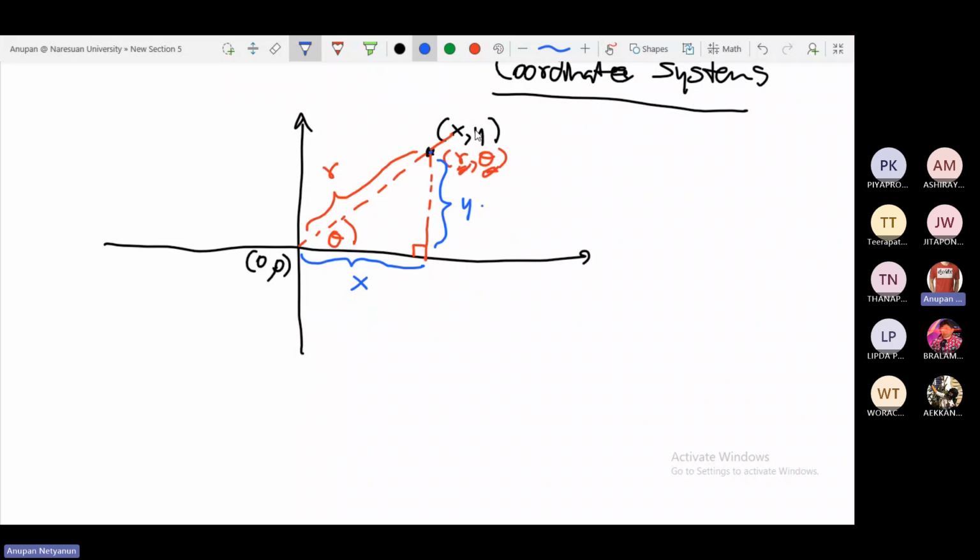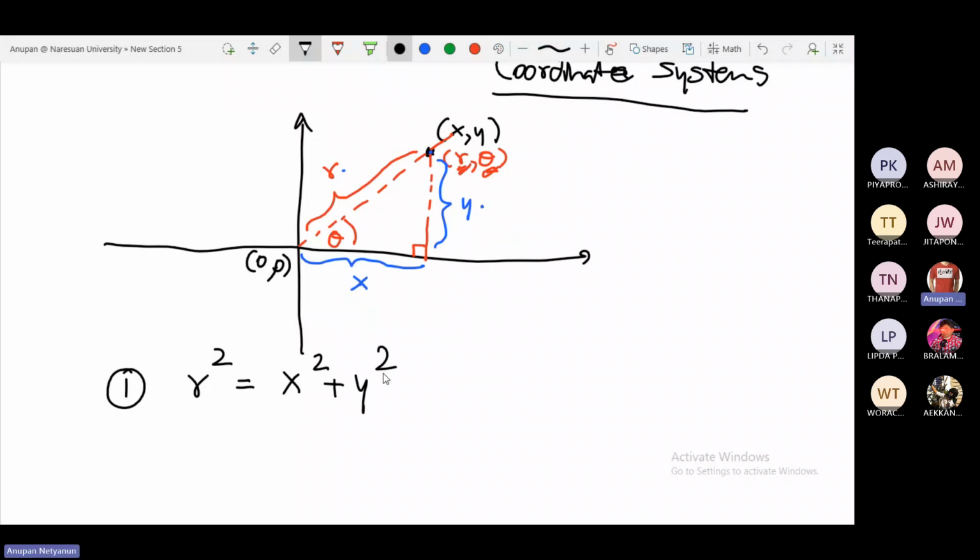Now, you can see the relationship now, which is first, from this right triangle, you know this side, you know this side, you know this side. By Pythagorean theorem, you have that r squared is equal to x squared plus y squared, okay?